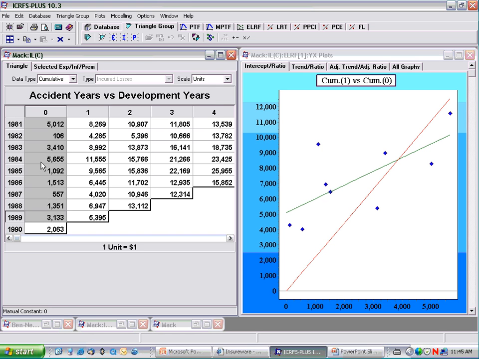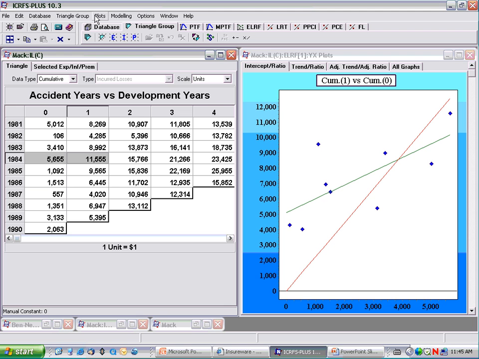Let's select 1984. 1984 has got two numbers. The x value is 5655. The y value is 11,555. Then it's this point here. The vertical is about 11,555, and horizontal is 5,000. So the slope of the line between this number pair and the origin will be the ratio.